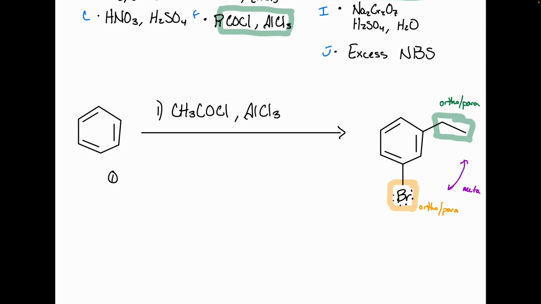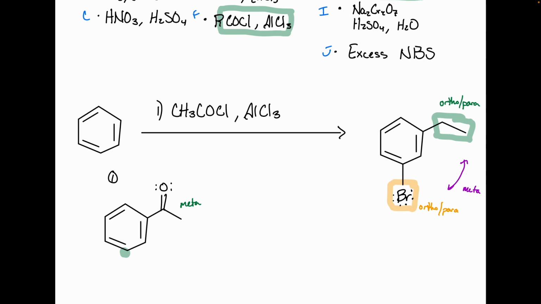And just to draw it out so we're super clear about what's going on here, after that first step, I will have stuck an acyl group on that ring. And this is again helpful because that acyl group is meta directing. So it will direct that incoming bromine to that proper position, that meta position.